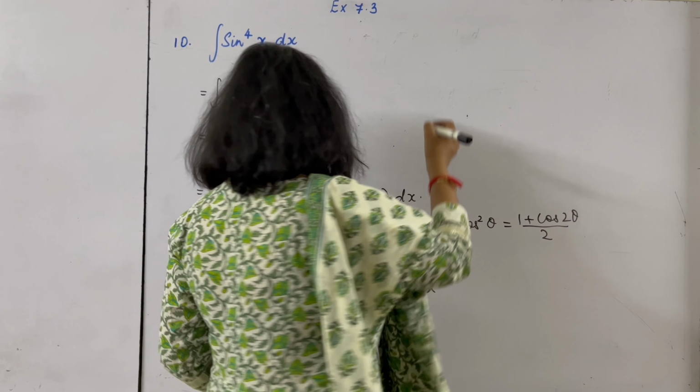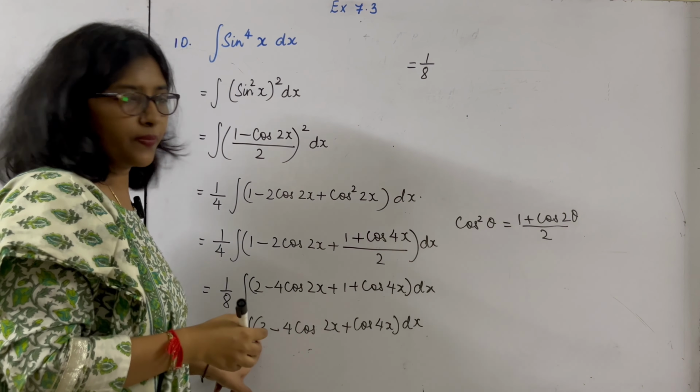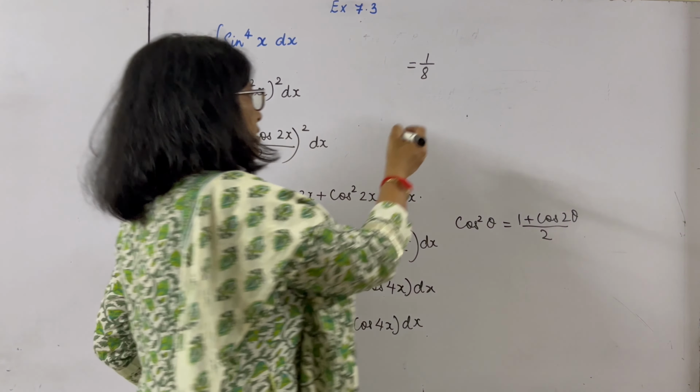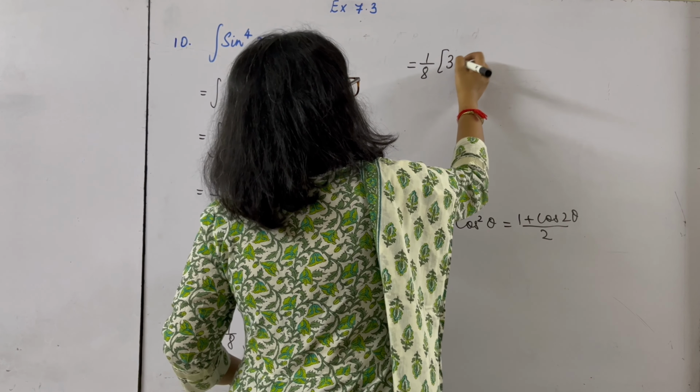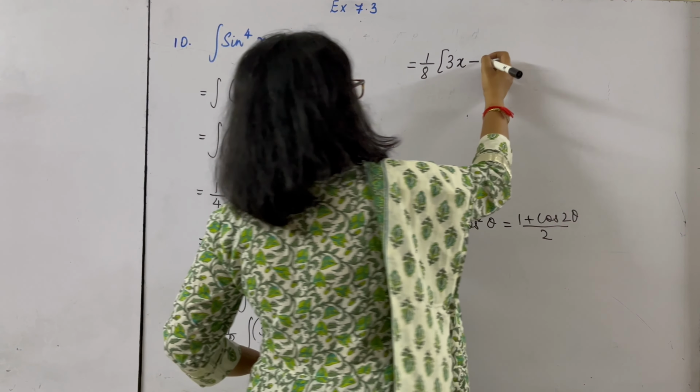What is the integration of cos? Okay, we'll start with 3. Integration of 3 dx is 3x. Integration of cos 2x, 4 as it is.